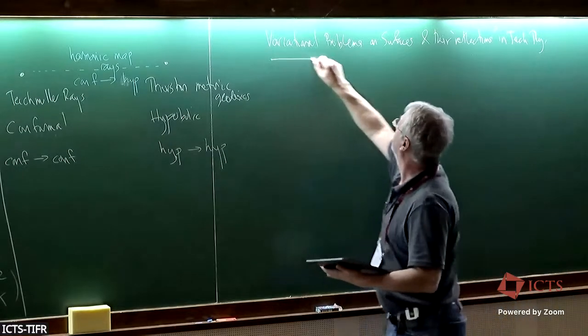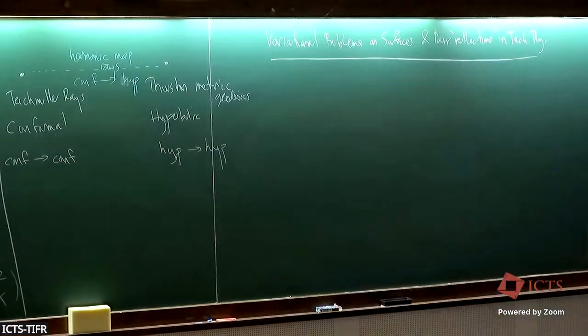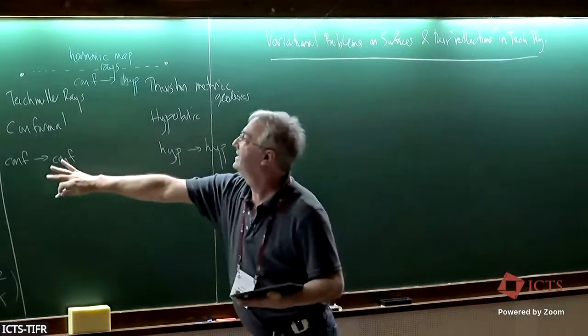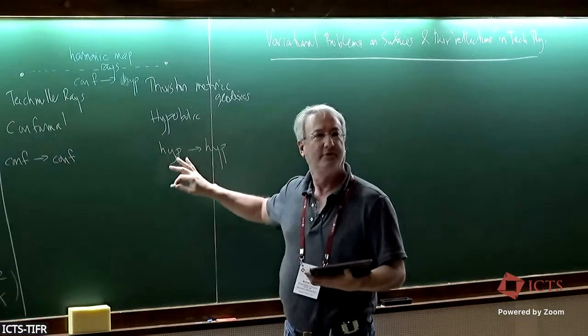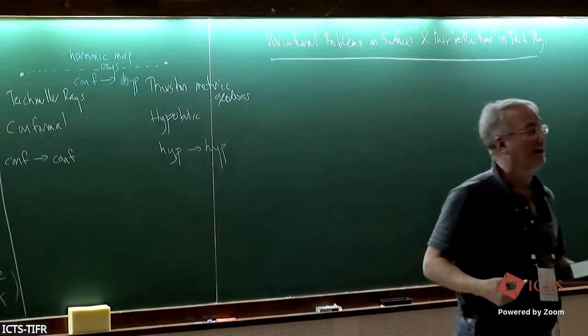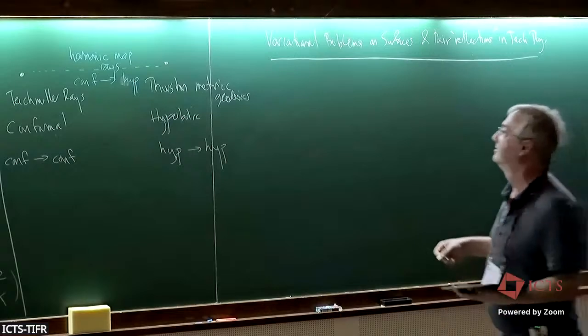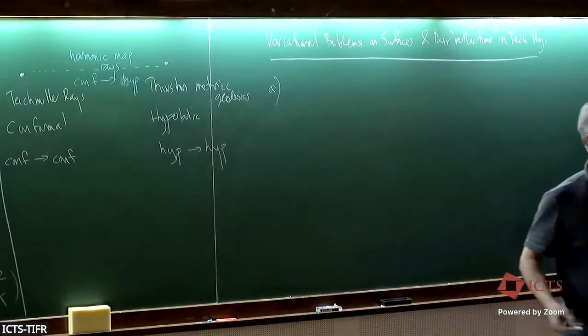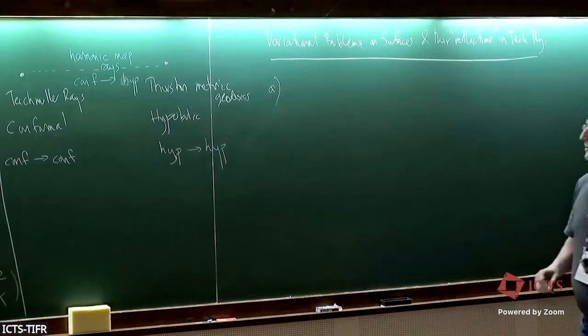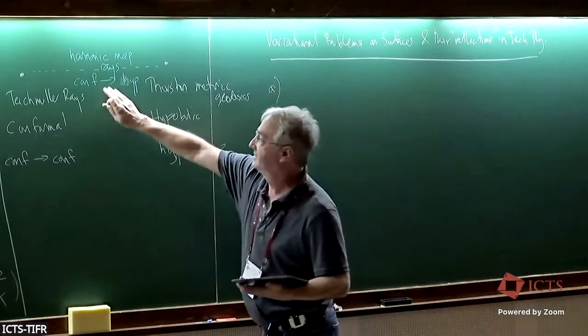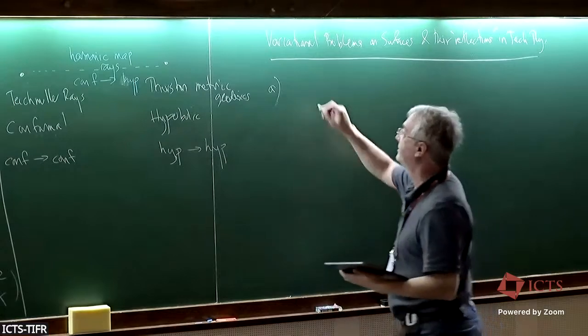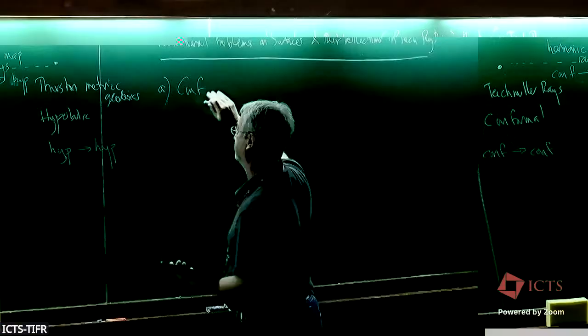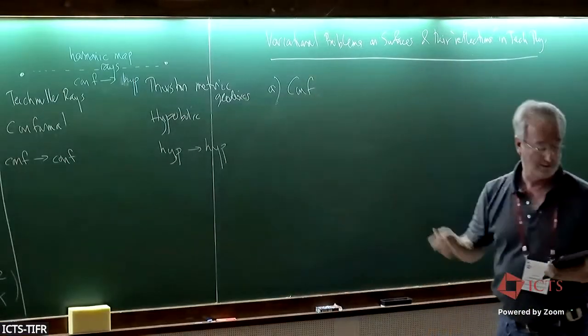So that's the next passage in this discussion, is to think in terms of these three types of rays, what are the underlying variational problems, and to describe some of their features so that they'll be around for this basic theorem. Okay, so on the conformal side, so first I'll do conformal, then I'll do hyperbolic, then I'll do harmonic.